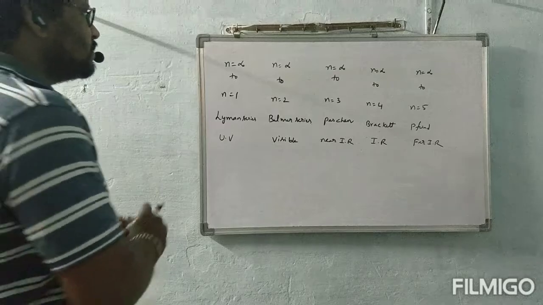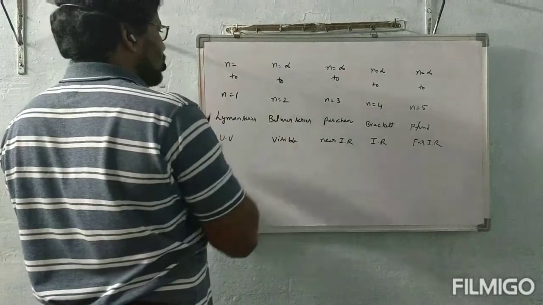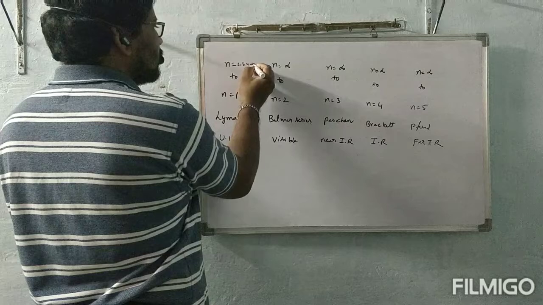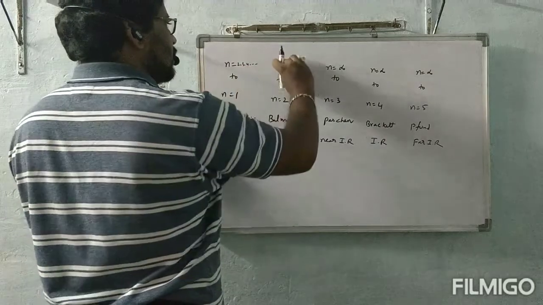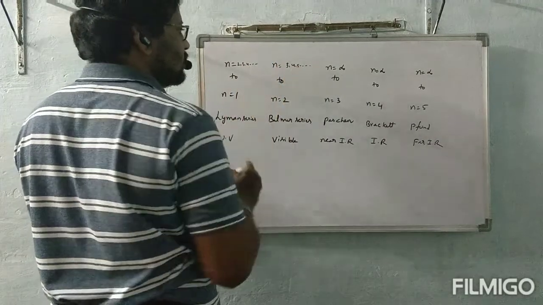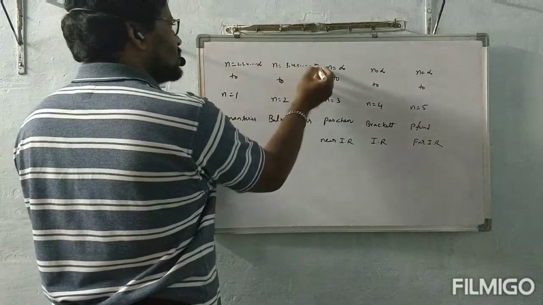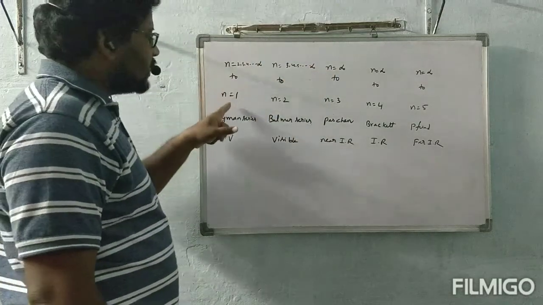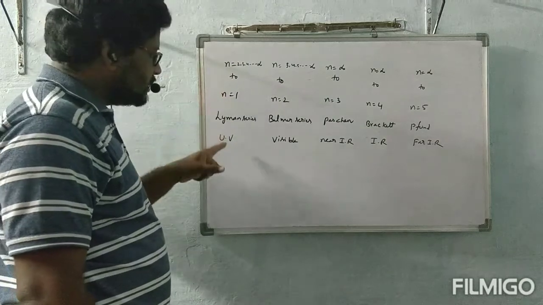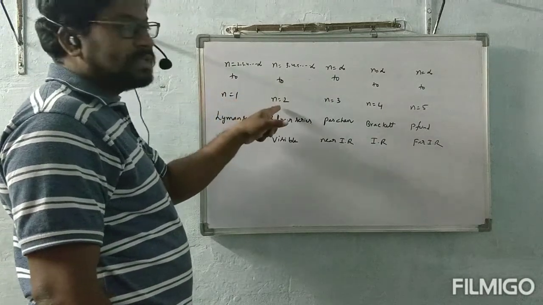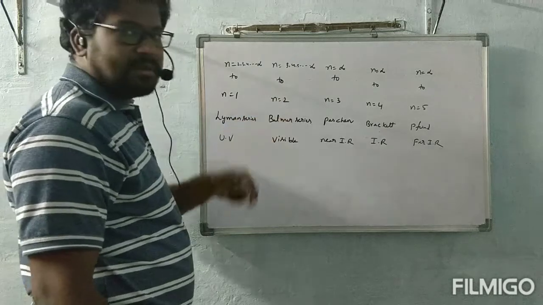Here n is equal to infinity means the higher level is 2, 3, 4 and so on, up to infinity. Whatever the higher energy might be, if the lower energy is fixed at n is equal to 1, that is the Lyman series. If the lower energy is fixed at n is equal to 2, that is the Balmer series.